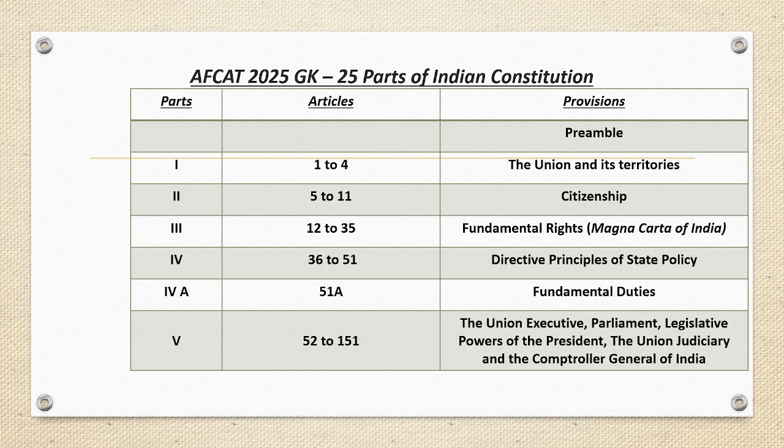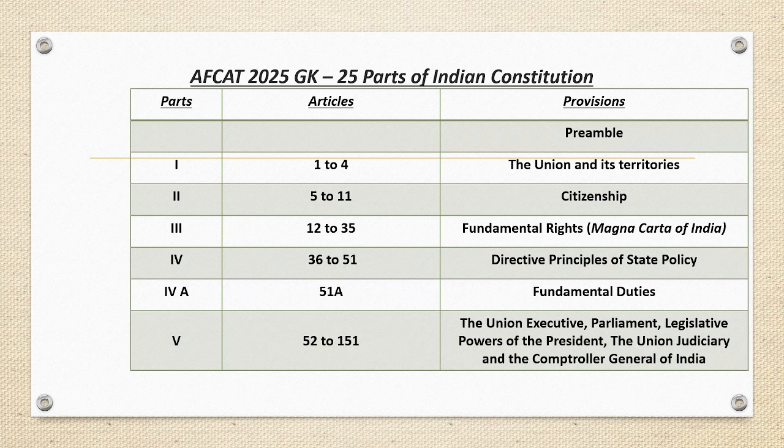Part 2 discusses citizenship, and it has articles from 5 to 11: 5, 6, 7, 8, 9, 10, and 11. 7 articles it has.